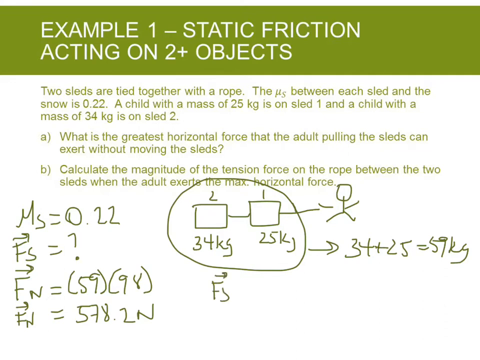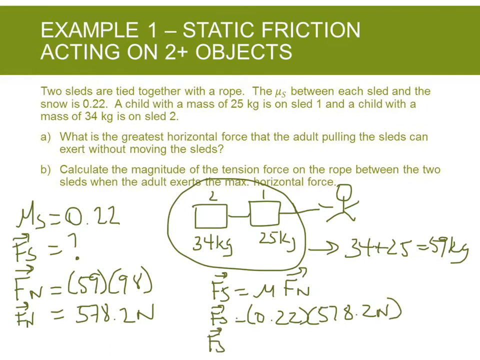Then we can figure out our force of static friction. Since we've already rearranged that formula, I'm just going to put it in here, and then we can continue solving. Our force of static friction then is 127.2 newtons, which we would round to 130 so that we only have our 2 significant digits.